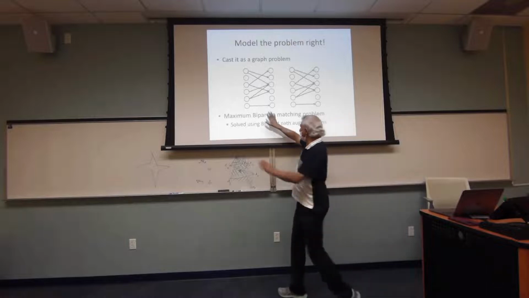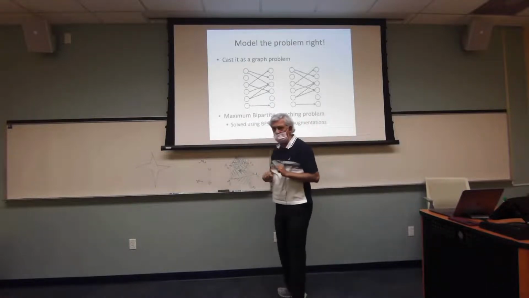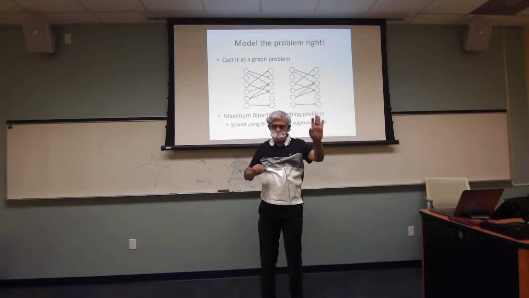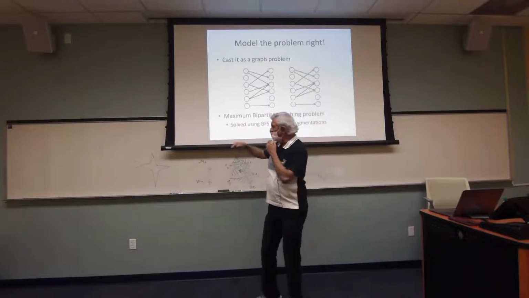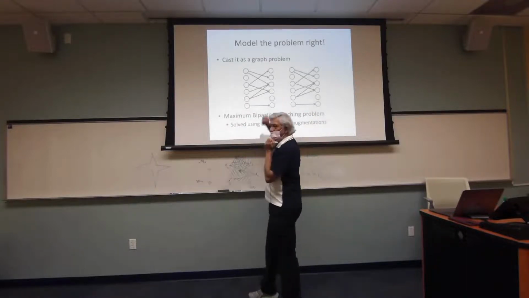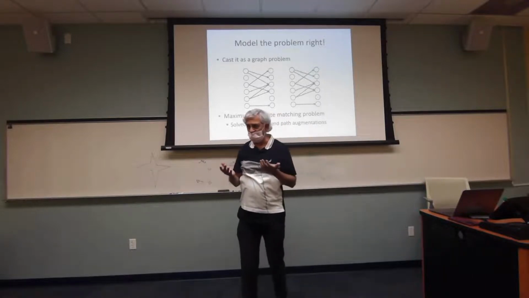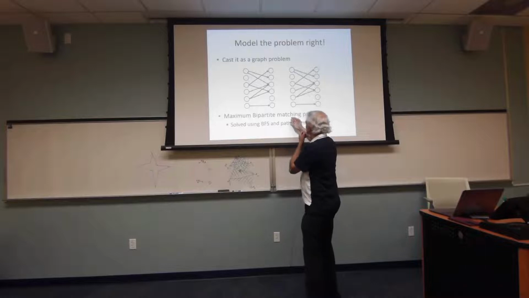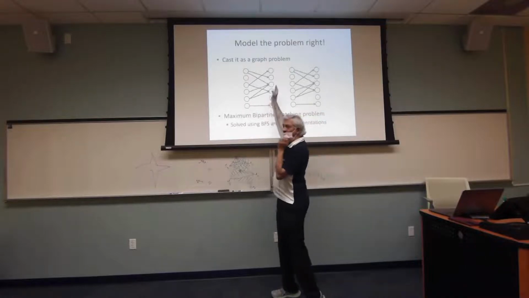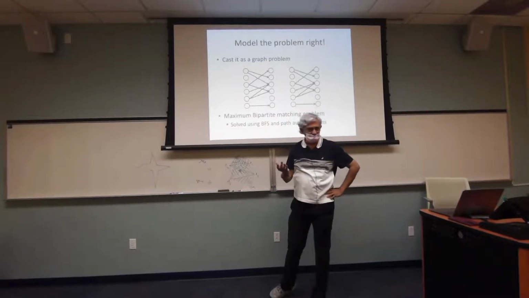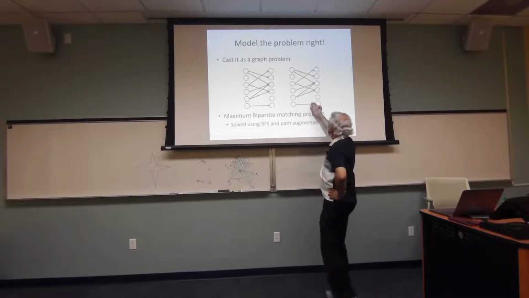It's called bipartite because there are two partitions, and the edges only go from this side to this side. You never see edges connecting these guys. That's why it's called a bipartite graph. It's called a matching problem because you're trying to match students with time slots. Here is a possible matching.